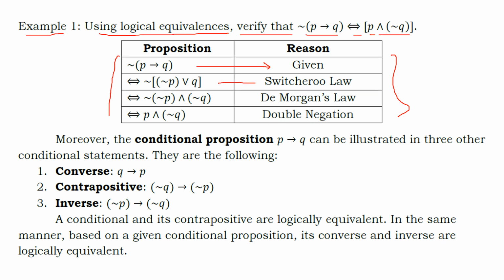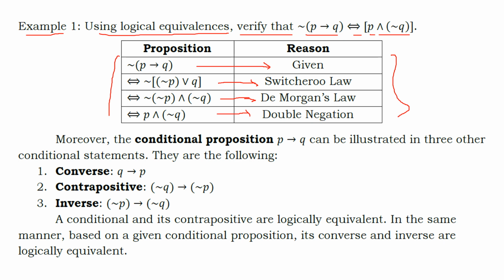By De Morgan's law, it is equivalent to negation negation P conjunction negation Q. And finally, P conjunction negation Q by the double negation law.